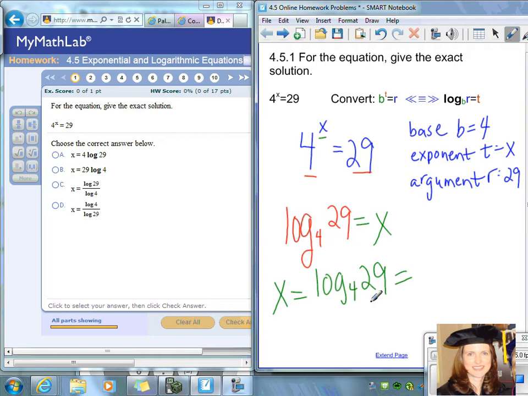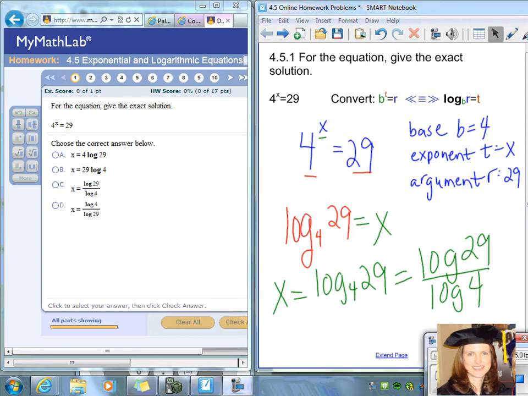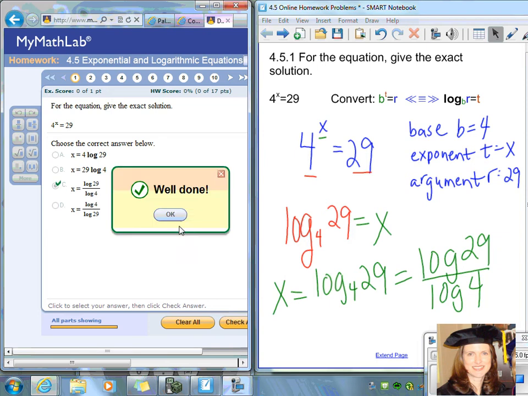Log base 4 of 29 is the same thing as log of 29 divided by log of 4. Alright, so by converting the exponential equation to logarithmic form, we rewrite the equation and solve for x. X is equal to log base 4 of 29. Now the change of base formula says you can write this as log of 29 divided by log of 4. Let's choose our answer and check.